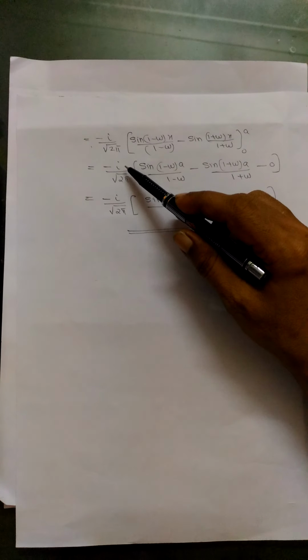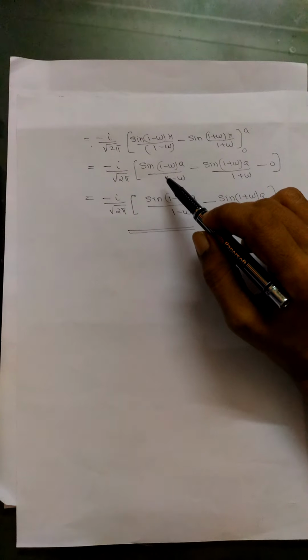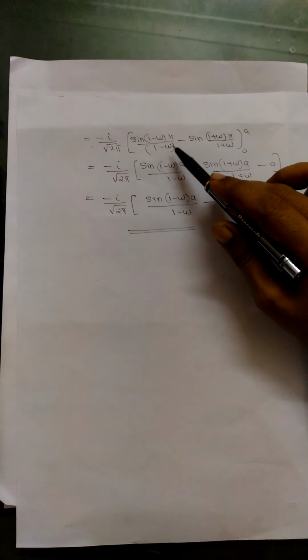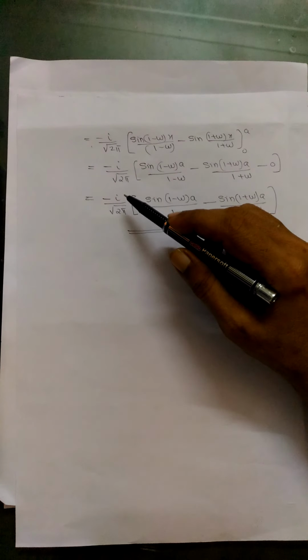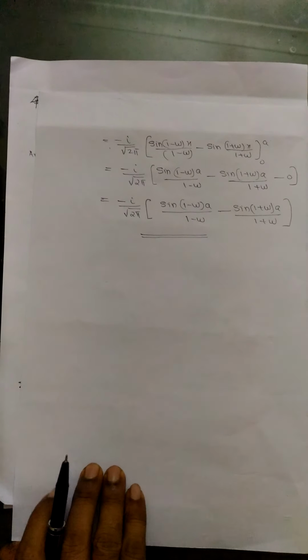Then apply the upper limit a: sin((1 − ω)a)/(1 − ω) − sin((1 + ω)a)/(1 + ω), minus the lower limit, where we get the value 0 because sin 0 is 0. So, this equals −i/√(2π) [sin((1 − ω)a)/(1 − ω) − sin((1 + ω)a)/(1 + ω)].